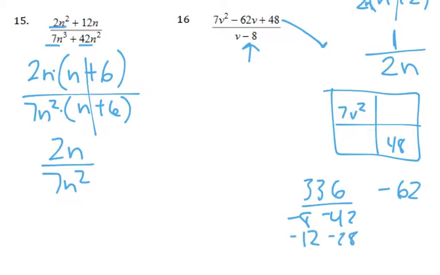They're both negative. Is not going to give me that negative 62, is it? So, let's try 336 divided by 13, 14, and 24. That's not going to work. 16 and 21.